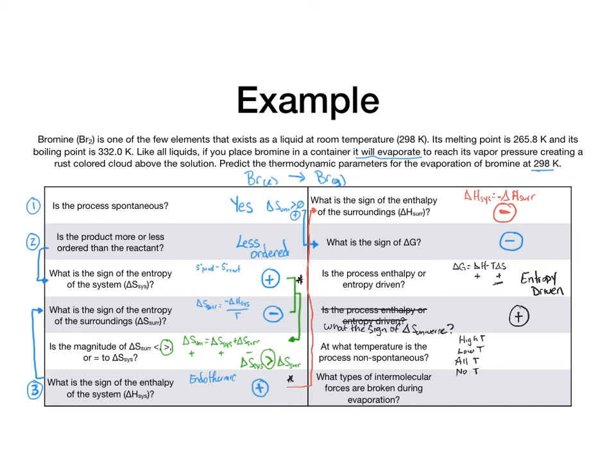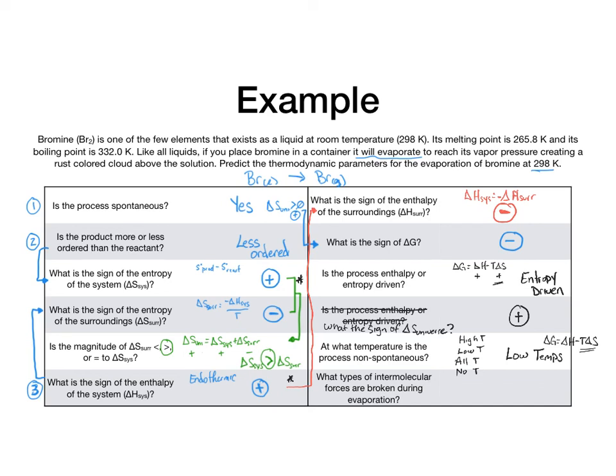In this case, the reaction is going to be not spontaneous when the value of T delta S becomes small, because delta G equals delta H minus T delta S. If T delta S is a small value, then delta G will be positive, and this isn't going to happen. So this is going to be true at low temps, which makes sense. If we lower the temperature, stuff doesn't evaporate as much.